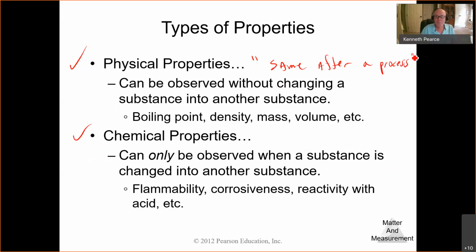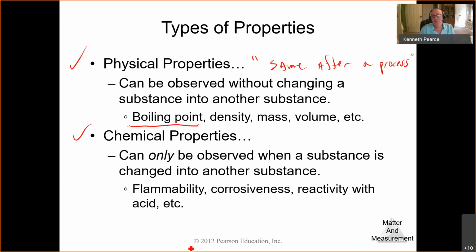Okay? So how do you determine a boiling point? Well, you put it in a beaker, and you set it on a stove, and you crank up the heat until it starts boiling, and then you measure it with a thermometer. But let's say you're trying to measure the boiling point of water, and once it starts boiling, it's still water.